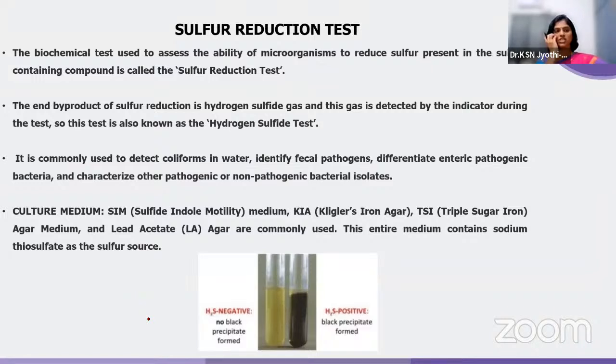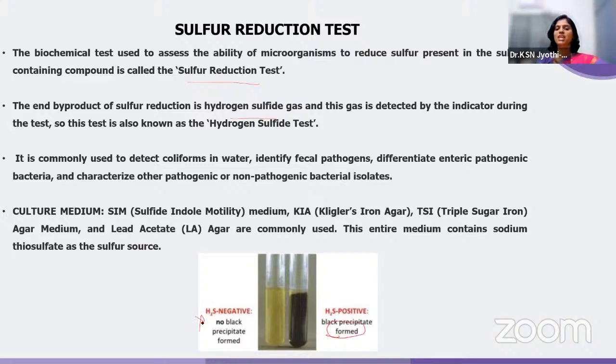Similarly, in the sulfur reduction test, there are some bacteria which have the ability to reduce sulfur. So the sulfur reduction test is done exclusively for those, because the end product is hydrogen sulfide gas. Now, this gas is detected by the indicator that you add during the test. If hydrogen sulfide is produced, you will see a black precipitate form.